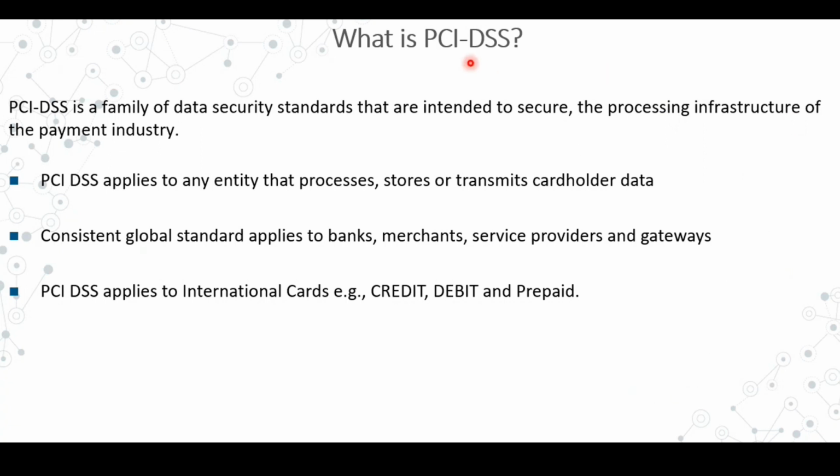So basically, PCI DSS is a standard that certifies the infrastructure of the entity which is dealing with a card number. Clear? So here we are certifying what? The processing infrastructure, or the payment business infrastructure, right?